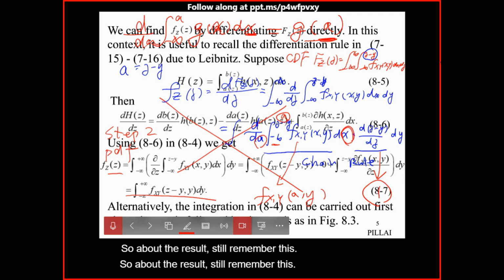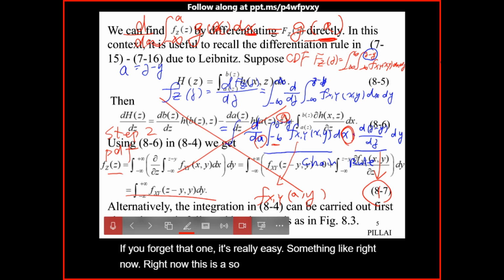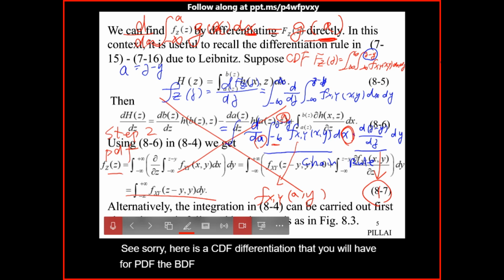If you forget that one, it's really easy. Right now, this is a so-called CDF differentiation, then you will have a PDF, the PDF here. Something like that one. But in fact, it is our result using PDF and CDF.